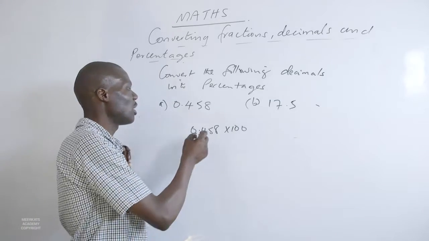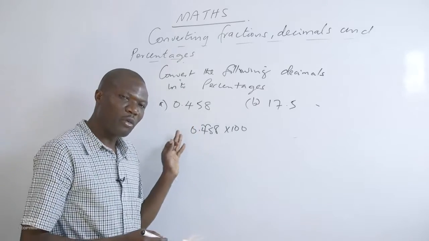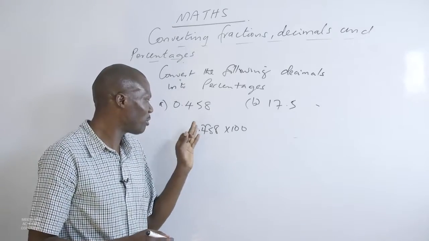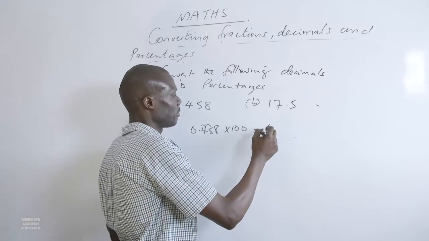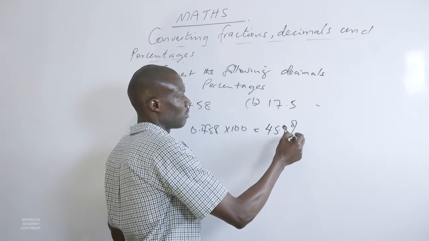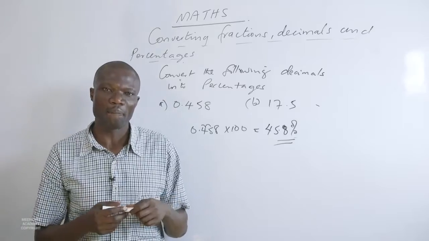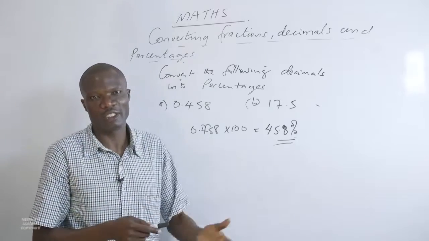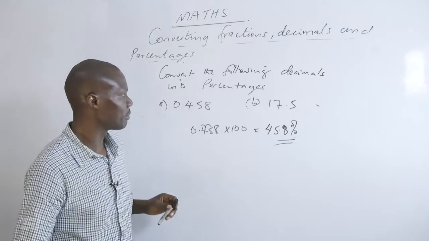So when you multiply 0.458 by 100, you'll get 45.8%. This is the percentage that represents this particular decimal.